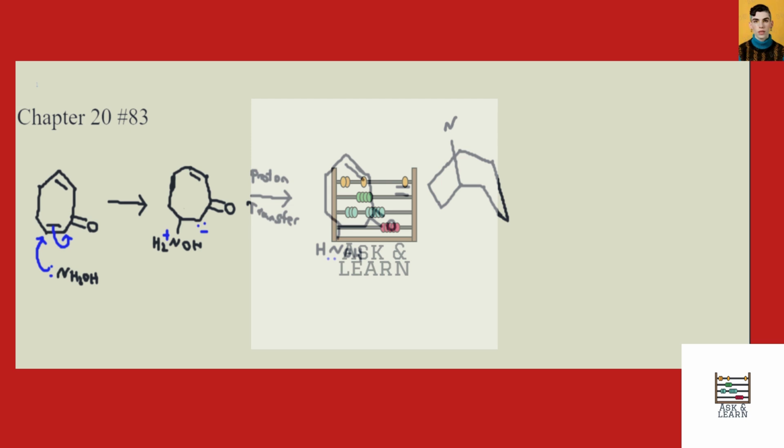But so here's our nitrogen that we just added. Okay, and then here is our double bond. And we cannot forget our ketone. Okay, and so basically now this nitrogen still has a lone pair on it. And so this can act as a nucleophile and attack this double bond again.